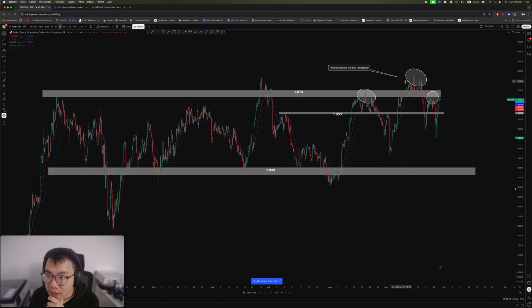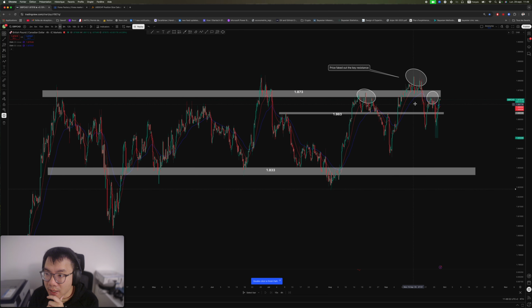For this, I saw the price fake out above the key resistance, the 187.3, and then it went down and broke under the 186.3 here, the intermediate level. After that, price went back to retest this key level, but it failed once again.